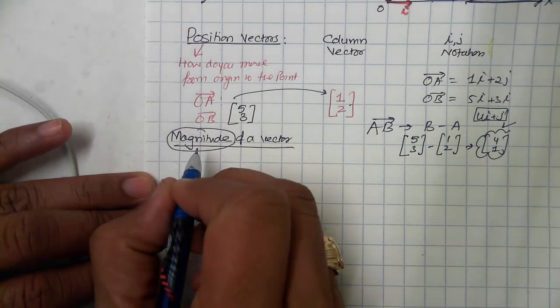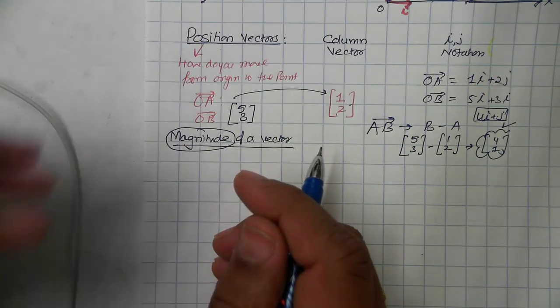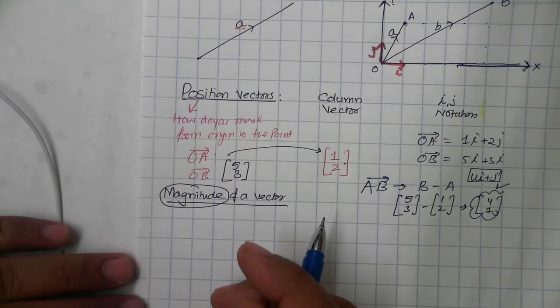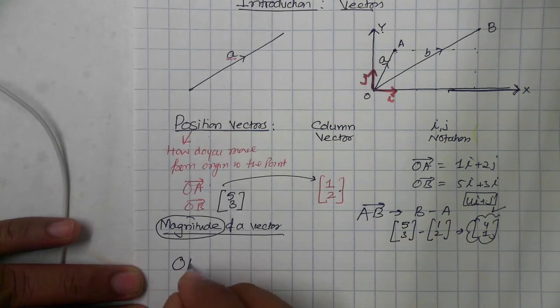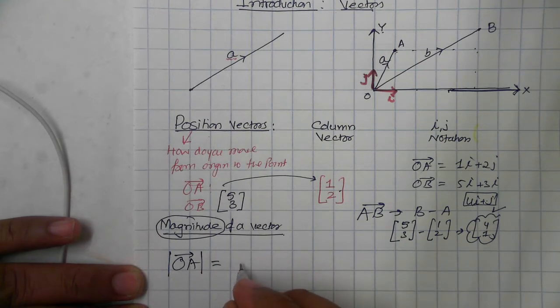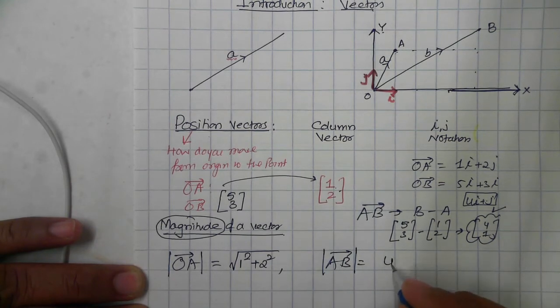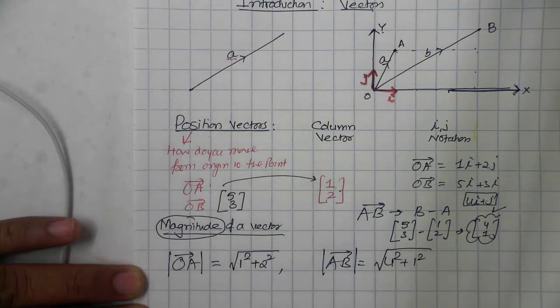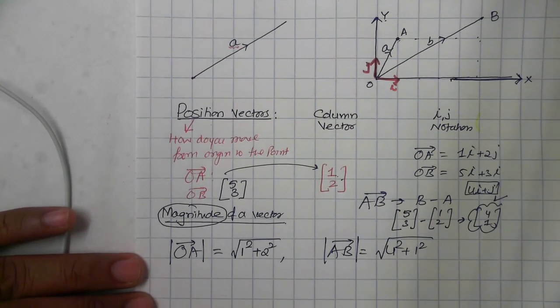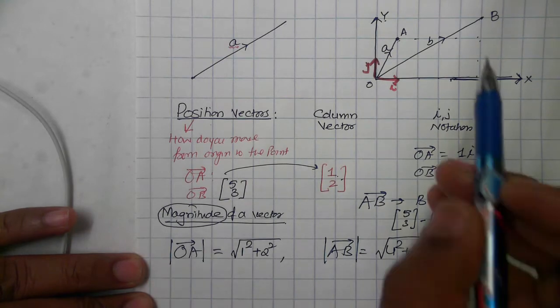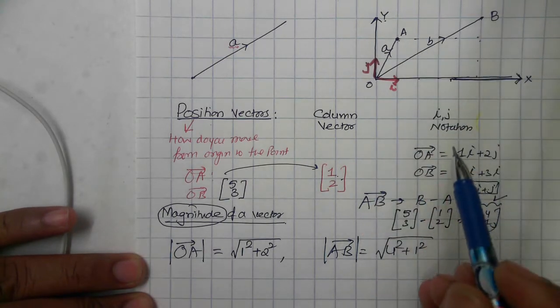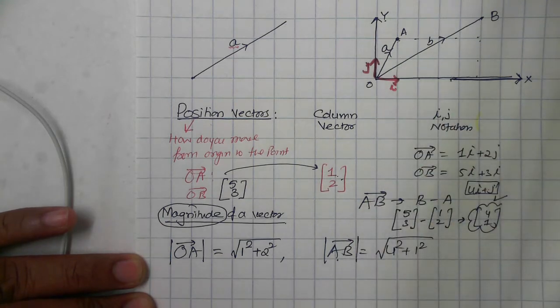This is just the number value, since vectors have direction as well as magnitude. To find the magnitude of vector OA, we write the modulus, which by Pythagoras is the square root of 1 squared plus 2 squared, and the magnitude of AB is the square root of 4 squared plus 1 squared.